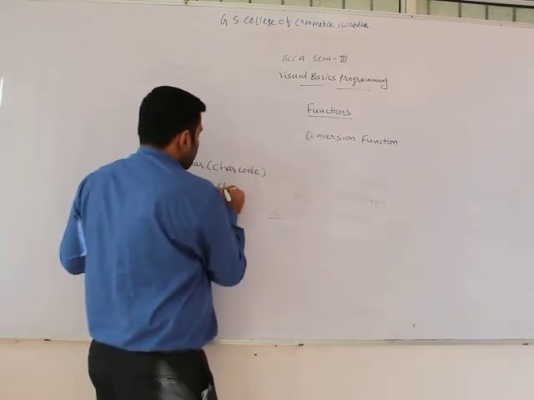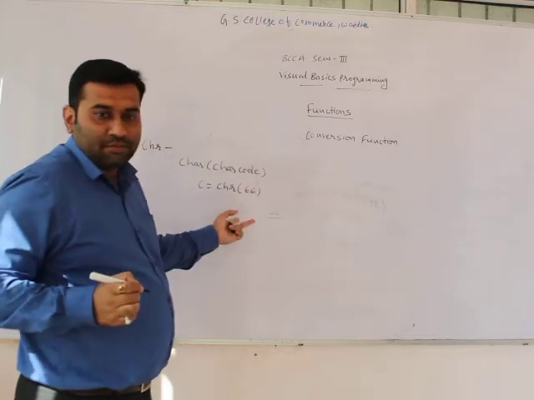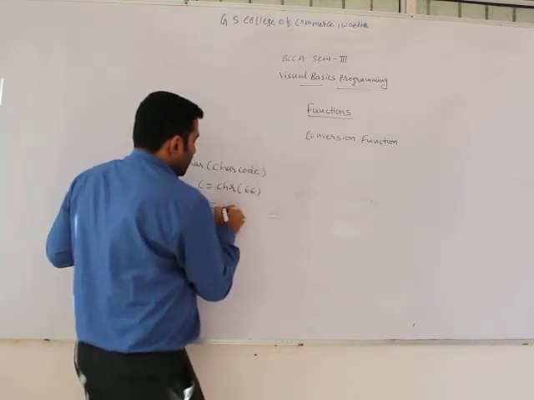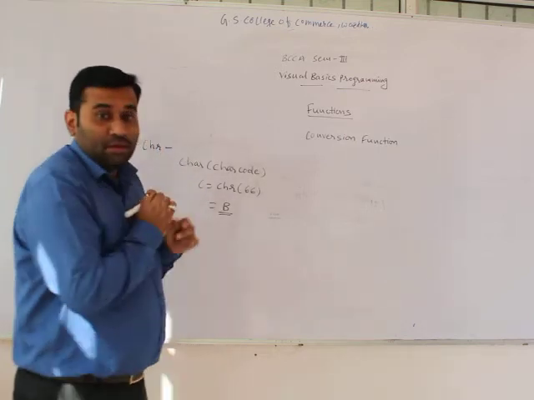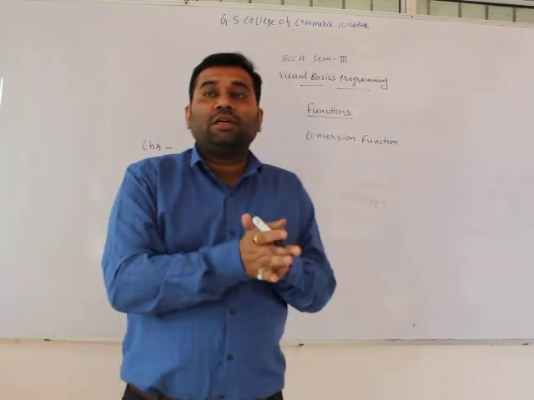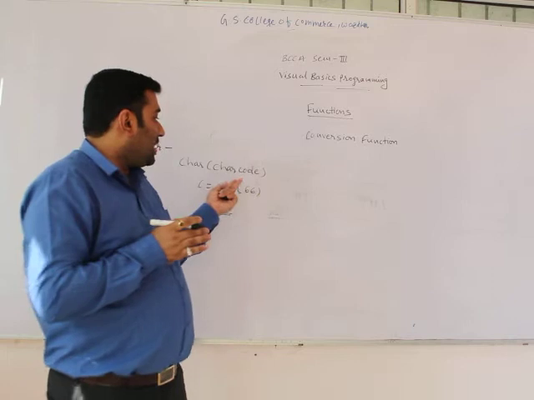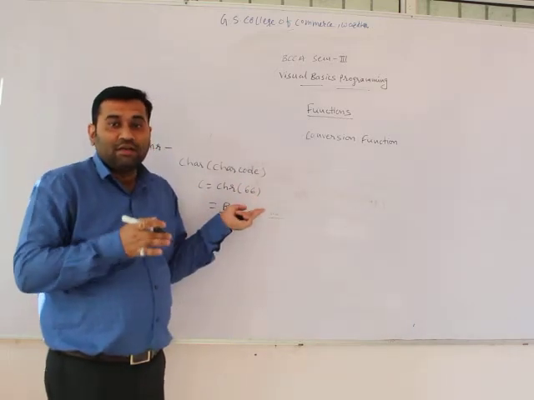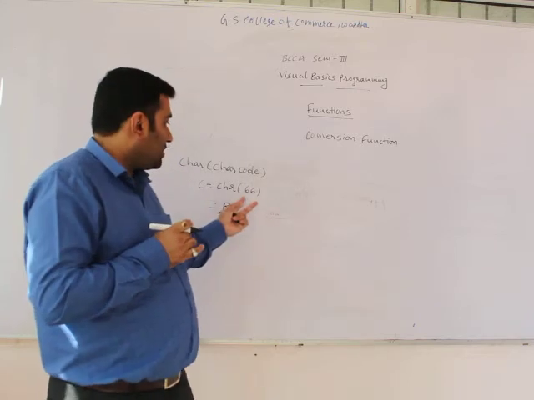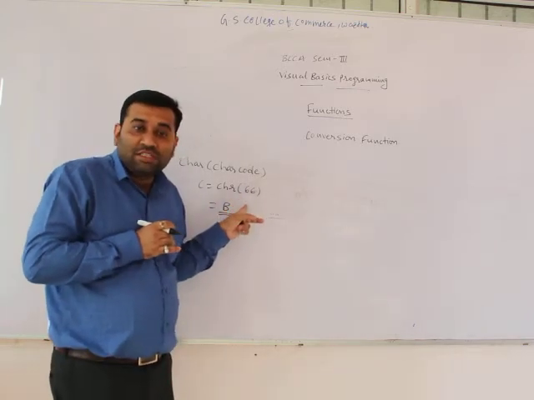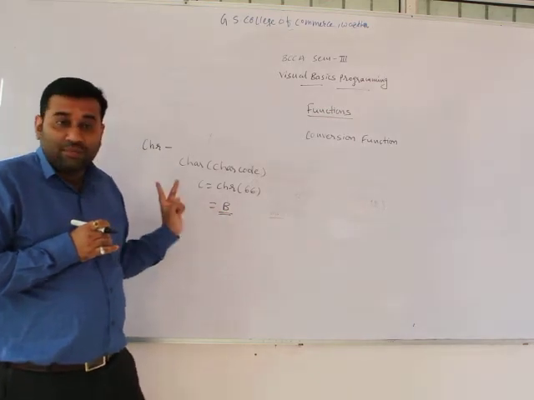C equal to CHR 66, and this function returns the character capital B. The mentioned character code is 66 and the function returns the string B.